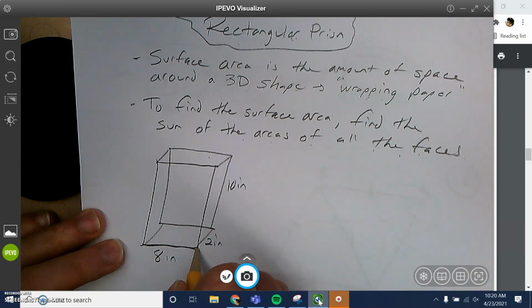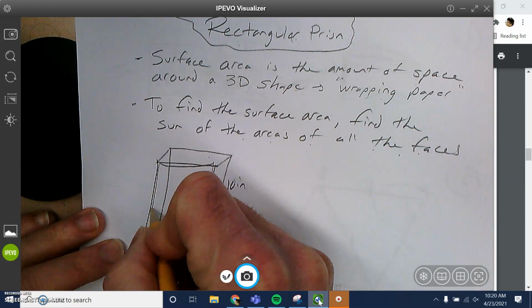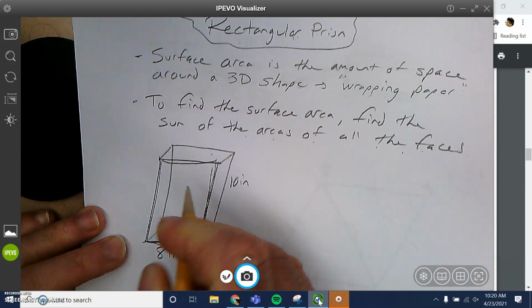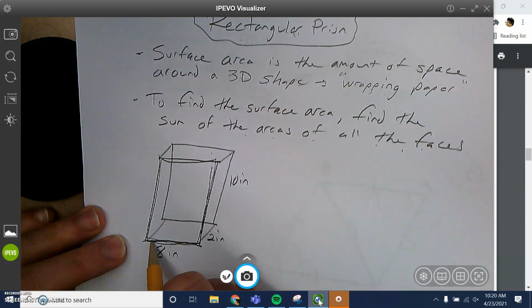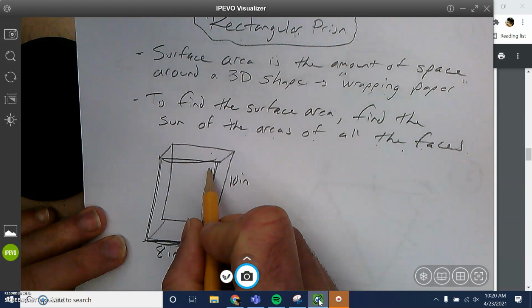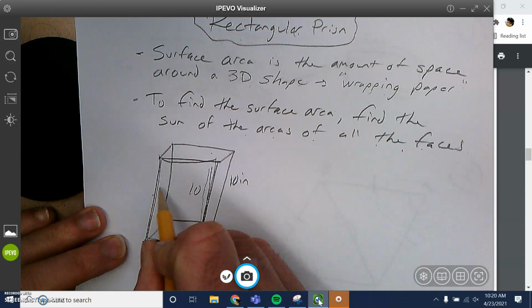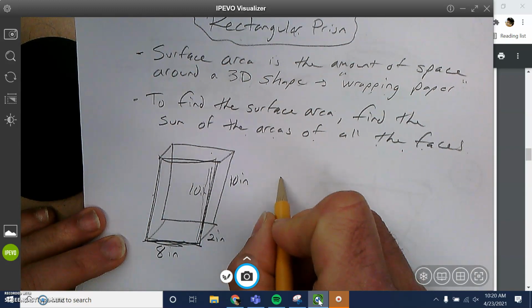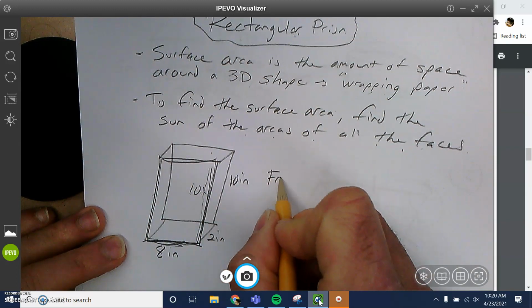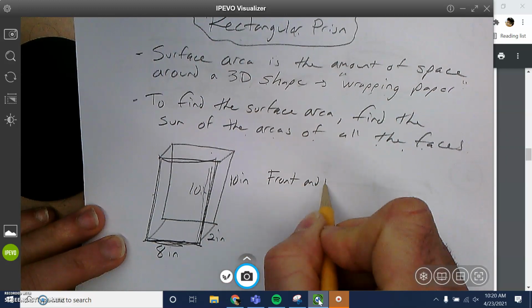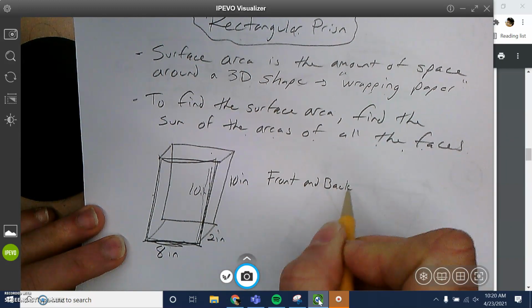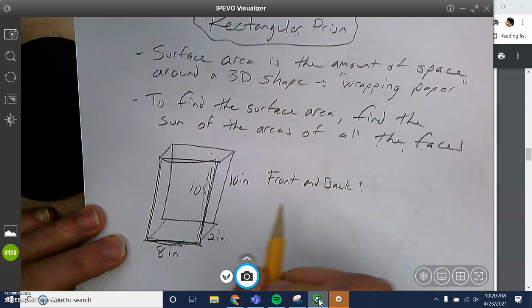So first face is the front. Let's say it's the front right here. So here's the front. So this is a rectangle, right? So we got 8, and this is 10, right? So this is also 10, because all these are 10. So I'm going to mark this: front and back. So those are the first two faces I'm going to find the area of first.